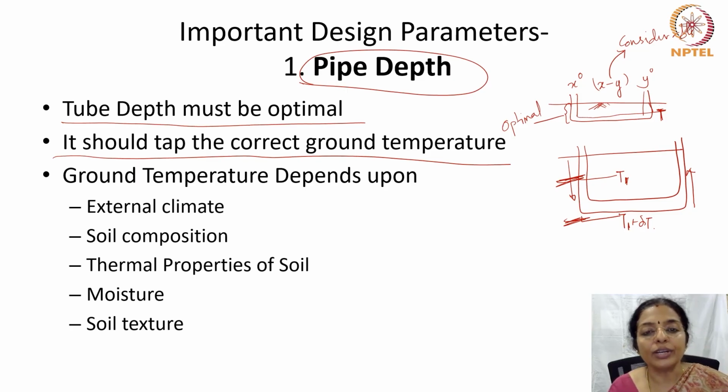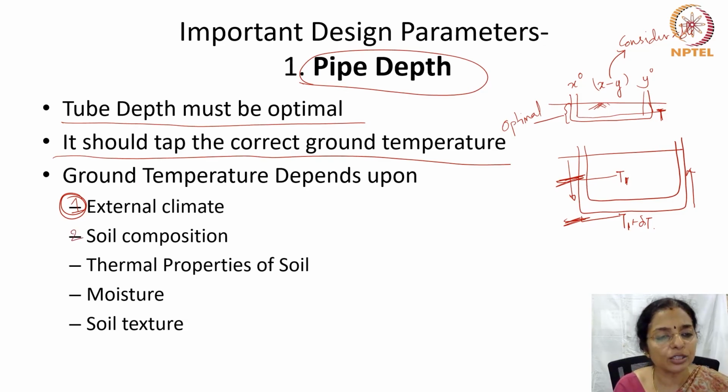So ground temperature, this T1 or T1 plus delta T, etc., will depend on the external climate, whether it is a very hot place or very cold place, because I said it will be the average temperature of that place.